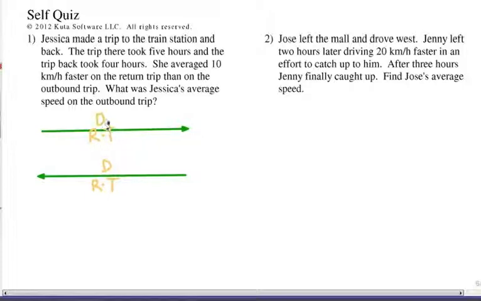Do we know the actual distance to the train station and back? No, we do not. But what was her speed going to the train station? It says she averaged 10 kilometers per hour faster on the return trip than the outbound trip. So we're going to call this R, and this is going to be R plus 10.